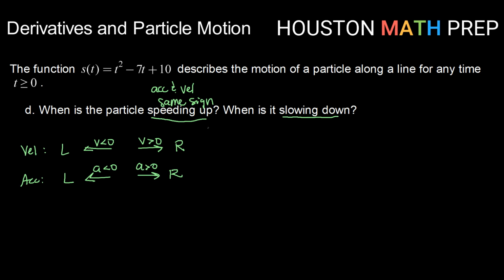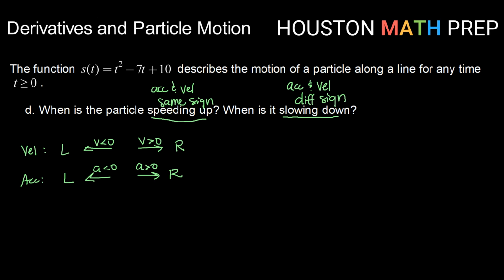Now, if those two forces are working opposite of each other, so let's say we are moving to the right, but accelerating to the left, those two things are opposing each other, so that's going to cause us to slow down, or vice versa. If we're moving to the left, but accelerating to the right, then that's going to work against each other and we're going to be slowing down. So this happens when acceleration and velocity have different or opposite signs.